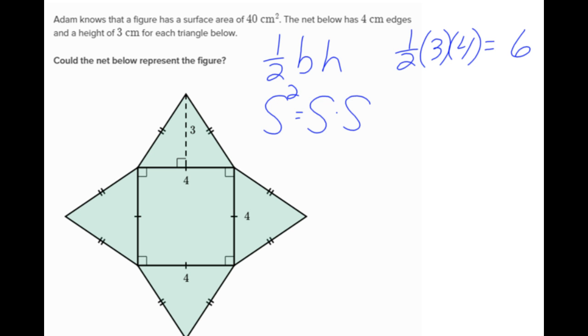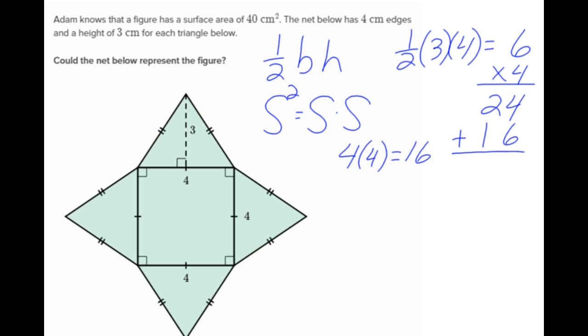And we have 4 of those. So that is, for the triangles, a total surface area of 24. My square is going to be 4 times 4, which is 16. And when I add 16 and 24, I get 40. So total surface area of that one would be 40.